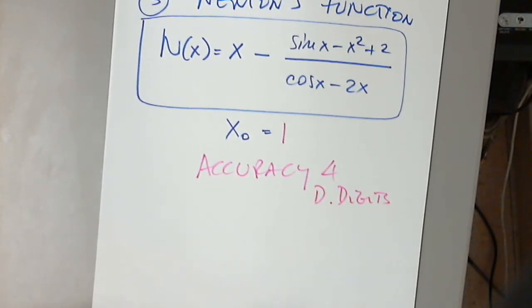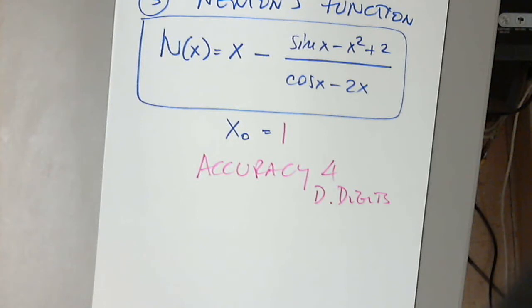Perfect. So let's put the function in, please. Do not delete what you have. So go to y equals, do not delete, because you need to type it in again. So let's insert x minus parentheses for the top, sine x minus x squared plus 2, close the parenthesis, and divide in parentheses by cosine x minus 2x.